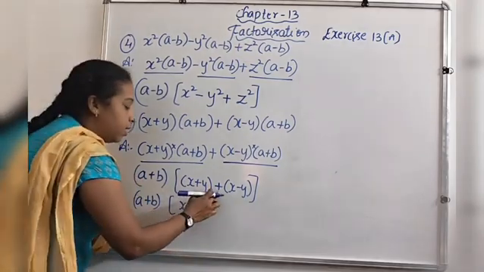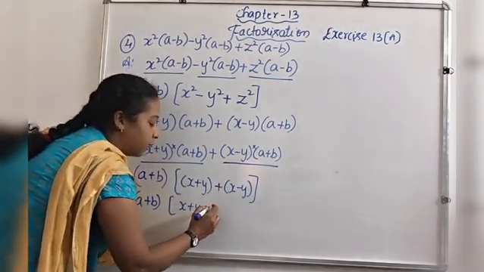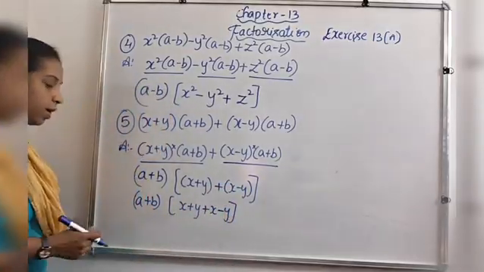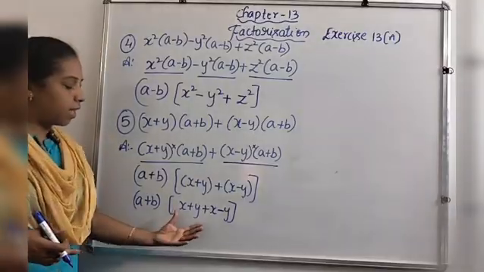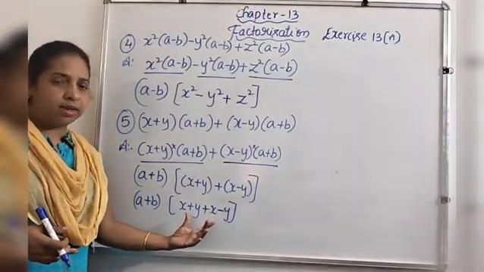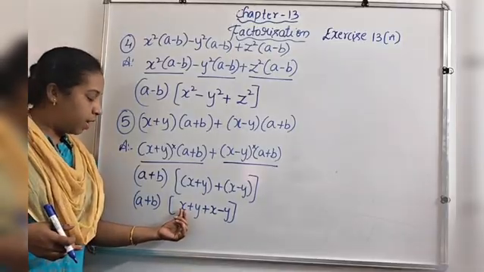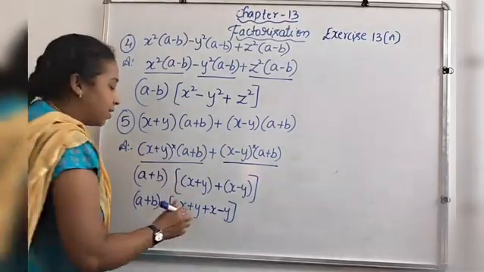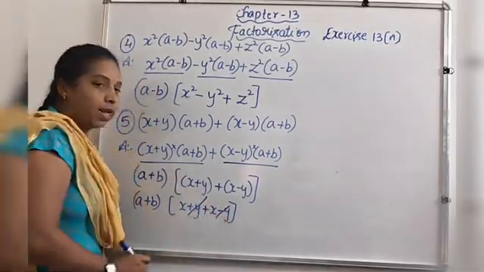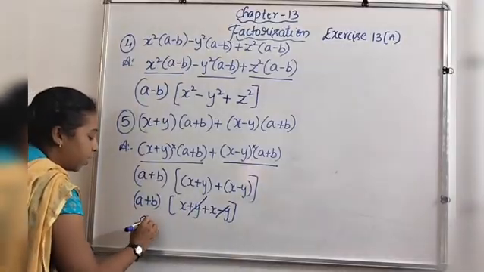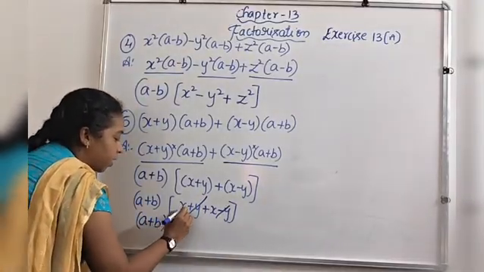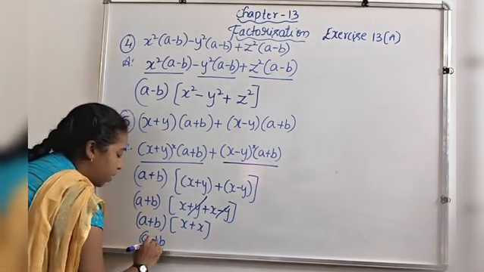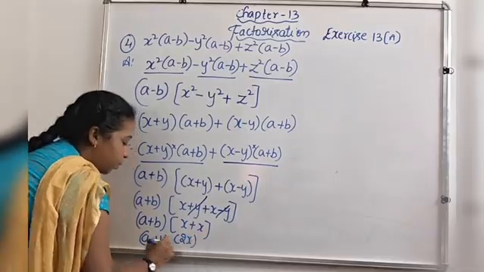So a plus b into x plus y, as it is you can write, because inside or outside you will find a plus sign itself, and here plus, then here x, plus into minus, minus y, right? So here can we cancel any letter or any variable? x plus x we cannot. Plus y minus y will get cancelled, so that a plus b, x plus x is nothing but a plus b into 2x.